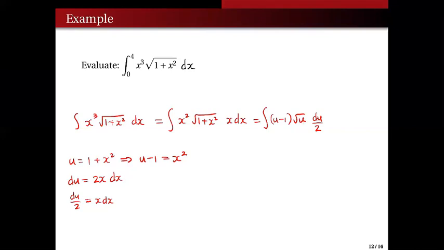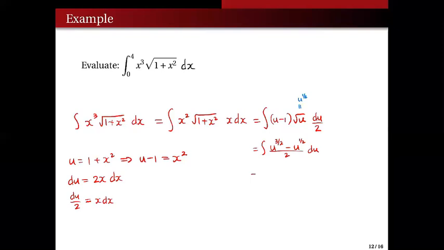So this guy here becomes the integral of u raised to 3/2 minus u raised to 1/2, all over 2, and then you have the du. And then you can bring this 2 all the way outside.